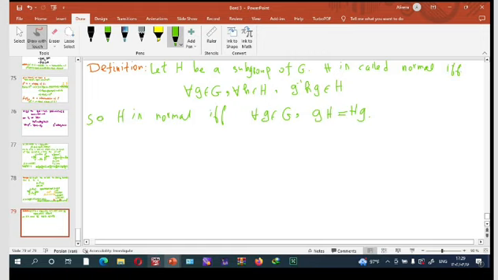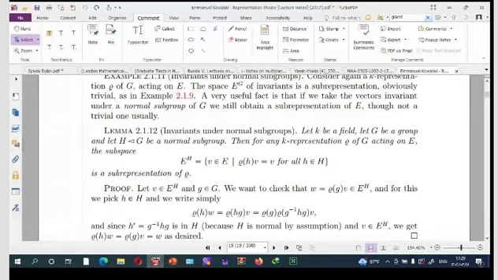Now we can see this lemma, invariance under normal subgroups.